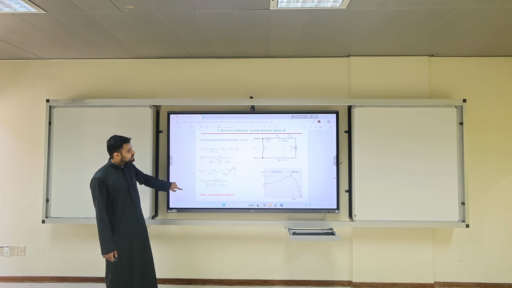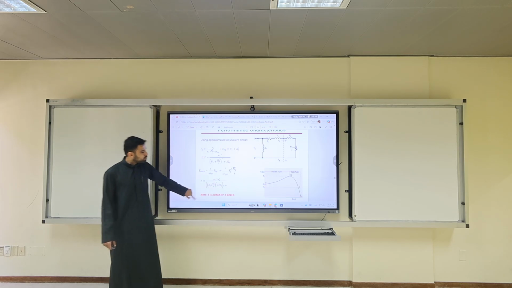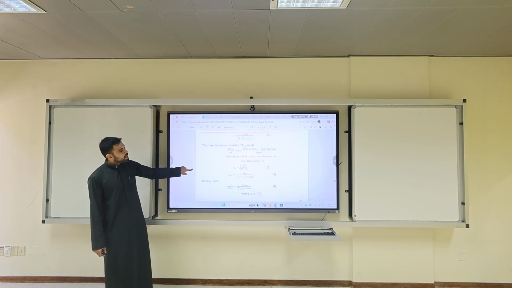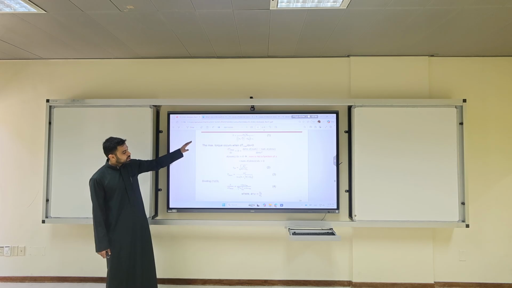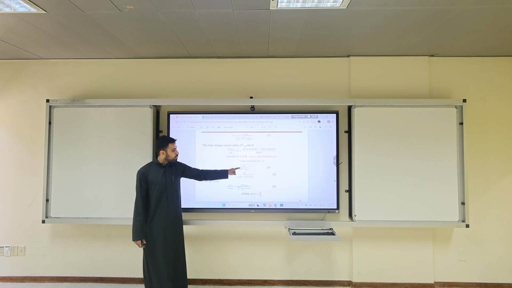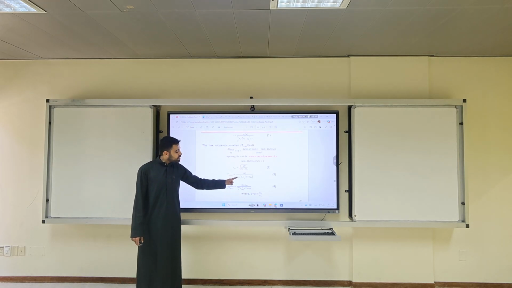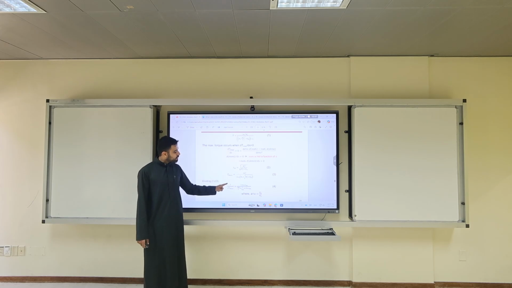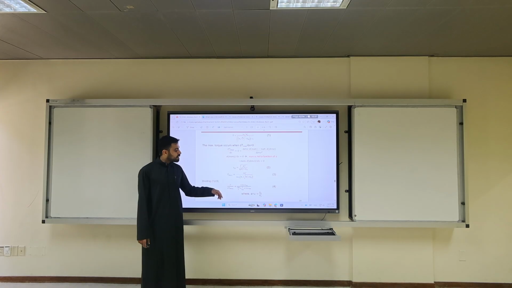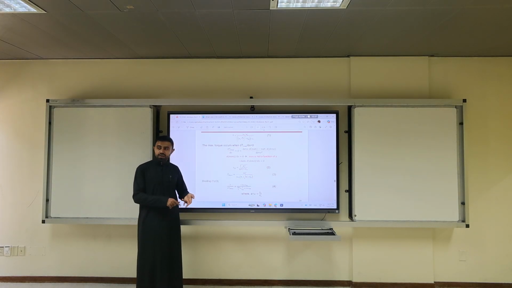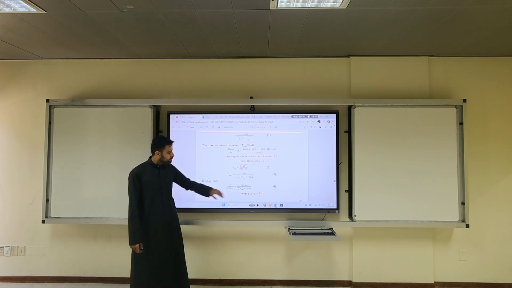Last lecture we found the equation of torque, then we decided to find the maximum torque. This is from EE 360. This one is also from EE 360, and now here we're dividing T over 2T max. We want to get something like a transfer function by writing it at system level.